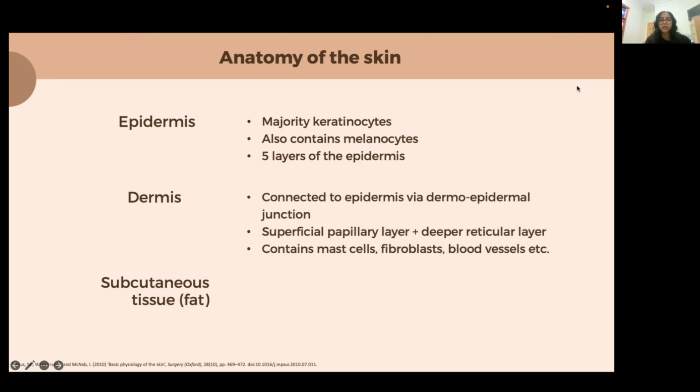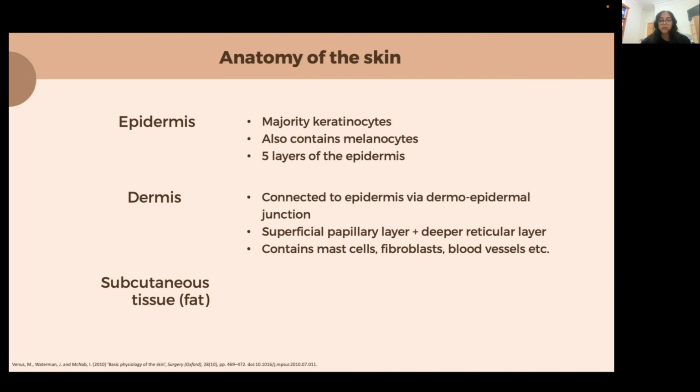The dermis is just below the epidermis, and they're connected via the dermo-epidermal junction. The dermis is composed of a superficial and a deeper layer. The superficial layer is the papillary layer, and the deeper layer is the reticular layer. There's lots of things going on in the dermis.